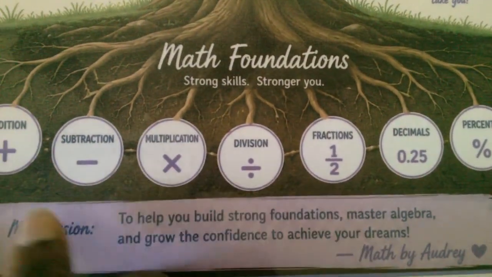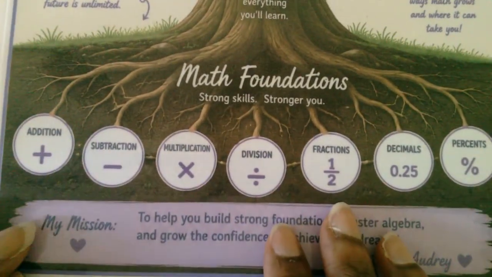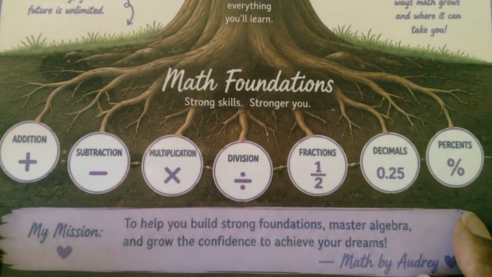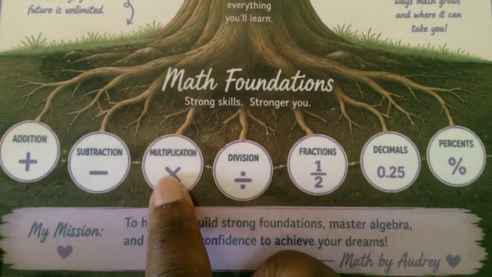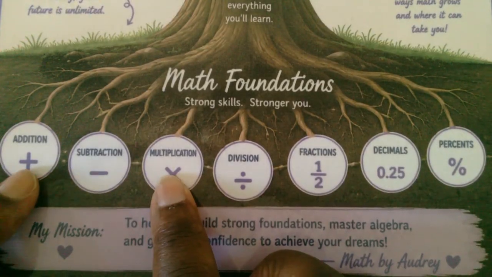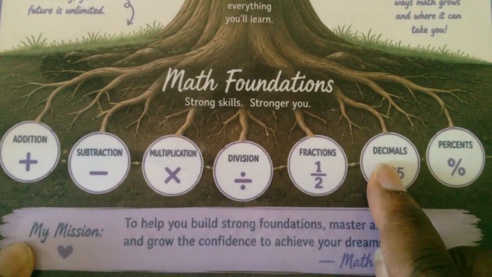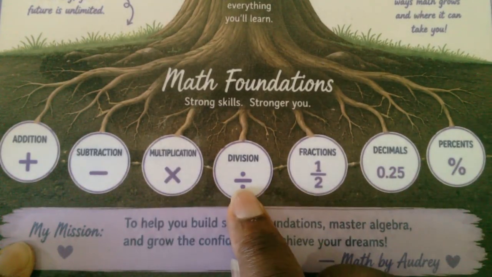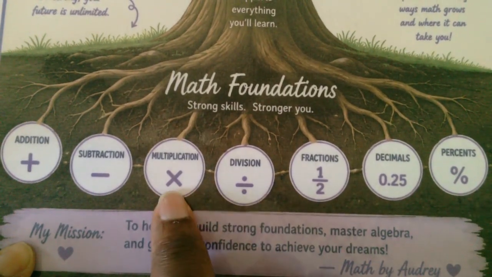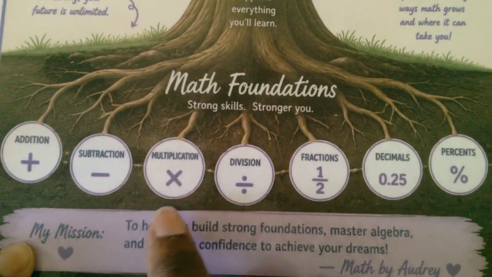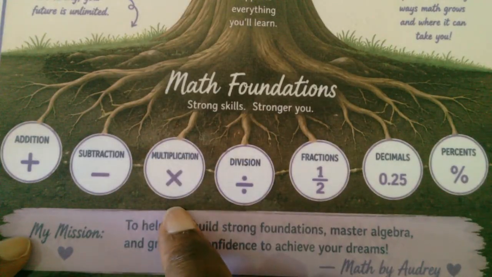We get the whole math foundations: adding, subtracting, multiplying, dividing, fractions, decimals, percents. If we don't get a good handle on multiplication, because that's fast addition, you're going to have trouble with fractions, decimals, percents, as well as division, because division is basically the inverse of multiplication. So we really need to get to know the times tables, especially up to the 12 times table.